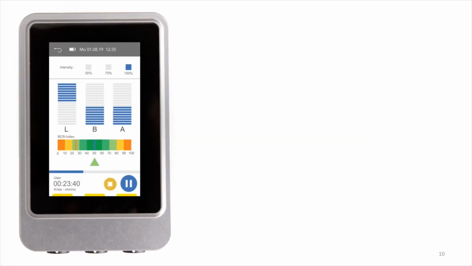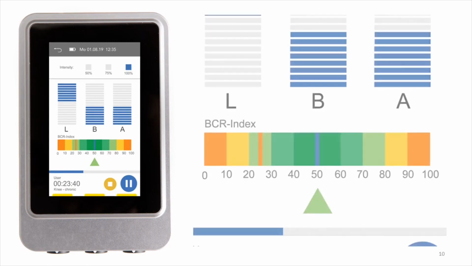This is the actual screen of the BCR Premium model. This is the treatment screen. Just to enlarge the part of the BCR index, the orange line indicates the resistance at the start of the treatment. The line will not move after this because it only shows the start, and the triangle will have the color of the box in which the orange line is.